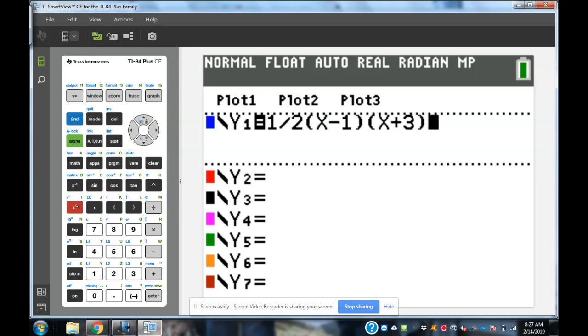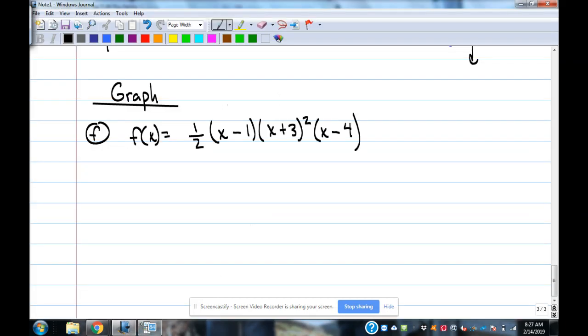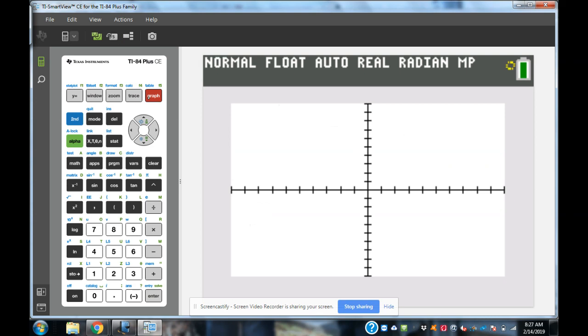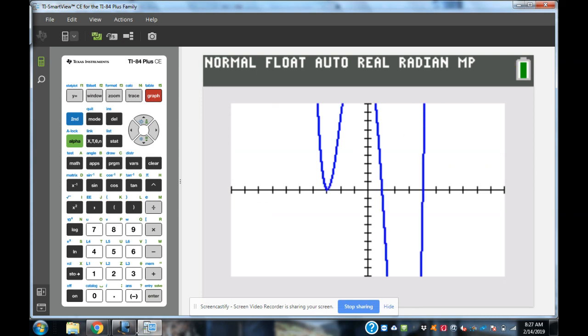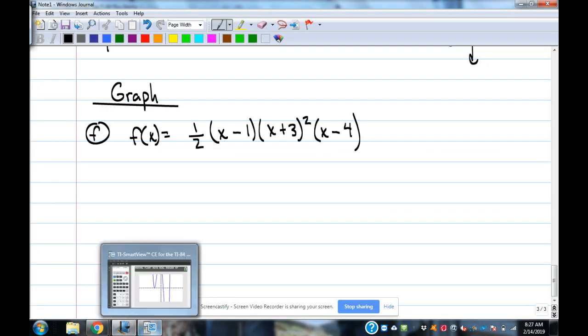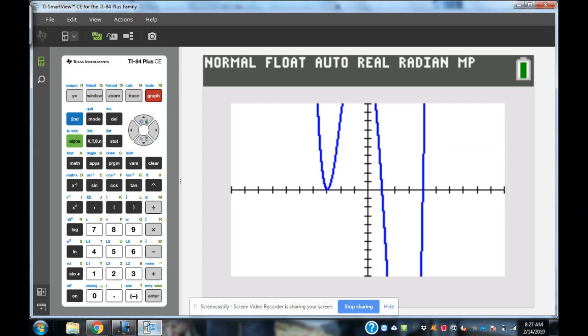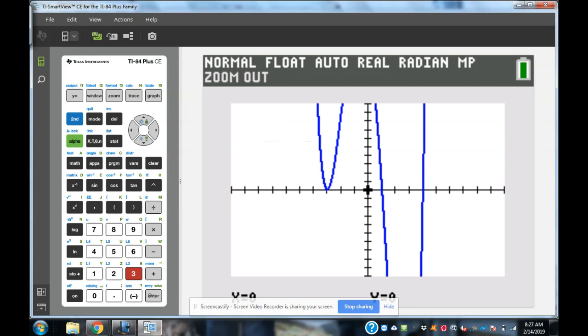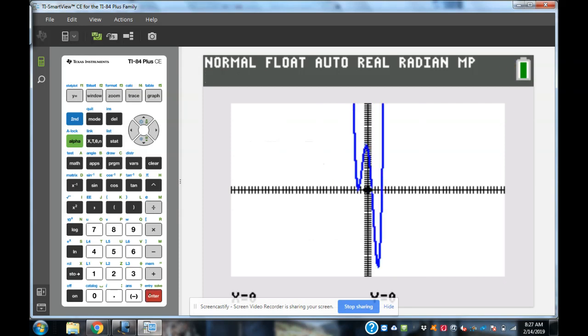Close parentheses squared, parentheses, x minus 4. Okay, thank you. All right, so I'm going to zoom out so we can see a little bit more of the picture. We see both ends going up.